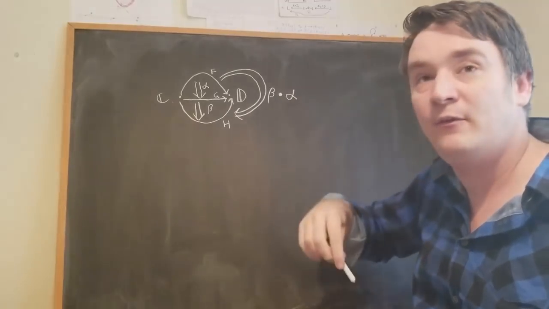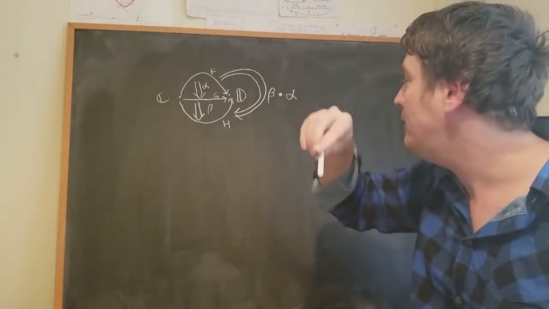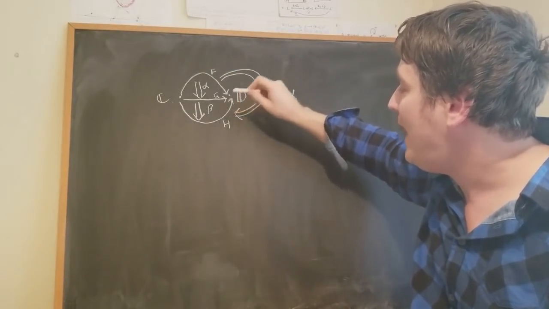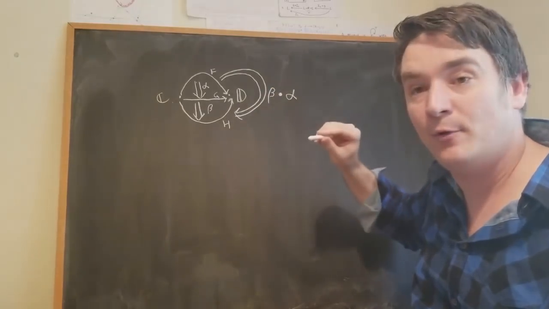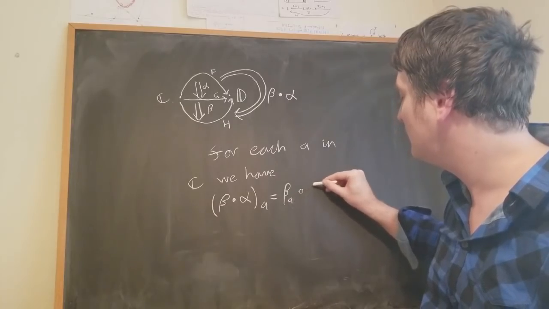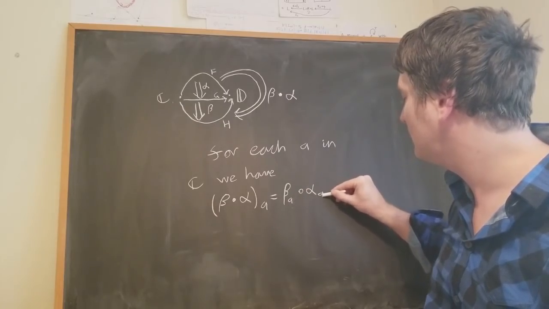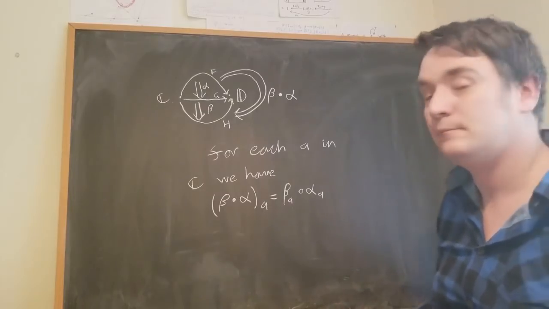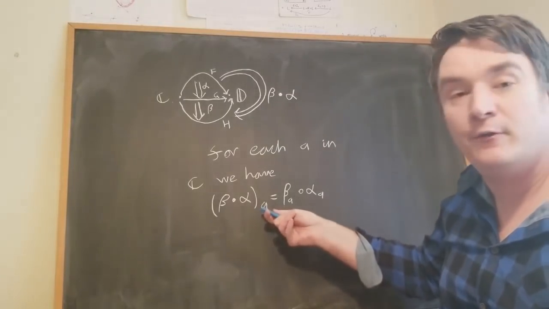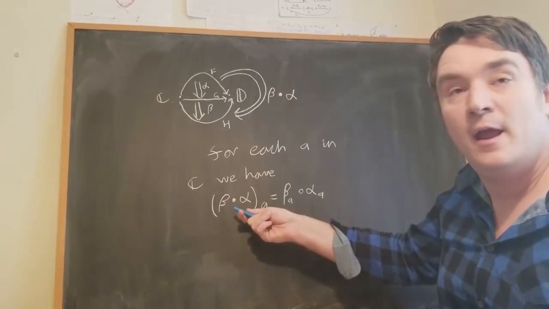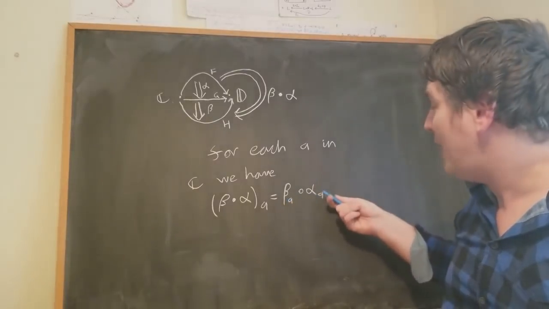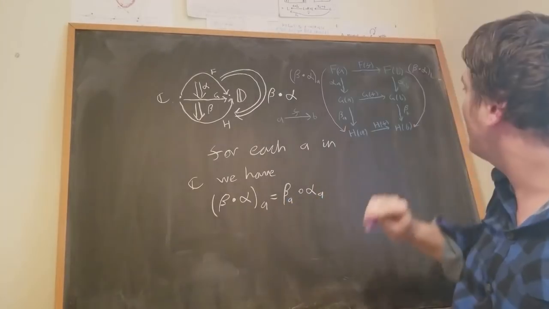And so how is this vertical composition defined? Well, it's going to be a natural transformation from functor F to functor H, and it has a very simple definition. The definition is simply that the A-th component of this vertical composition is just going to be the A-th component of beta composed after the A-th component of alpha.